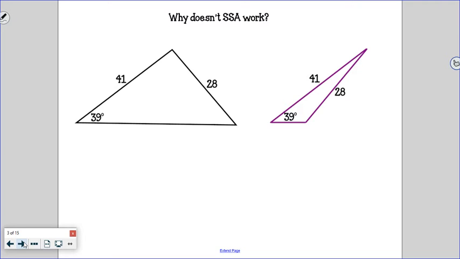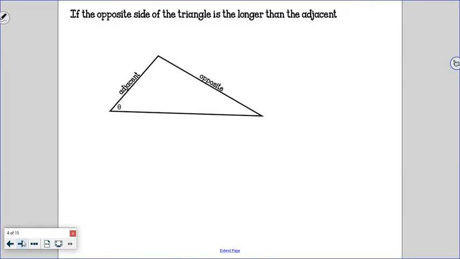I have the exact same segment lengths here and here as I do here and here, and the exact same 39-degree angle here, and those triangles are clearly not congruent to each other, right? And so knowing angle, side, side does not mean that I have the same triangle here and here, and that's where we can potentially have more than one triangle given those three numbers. So when they ask us to solve the triangle, we actually could have more than one correct solution, more than one set of missing parts to those triangles.